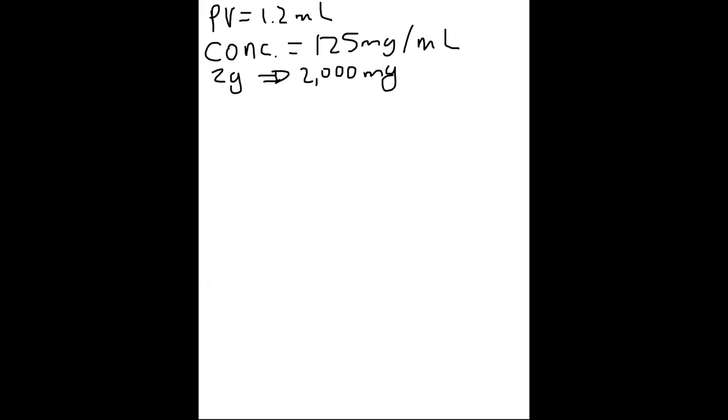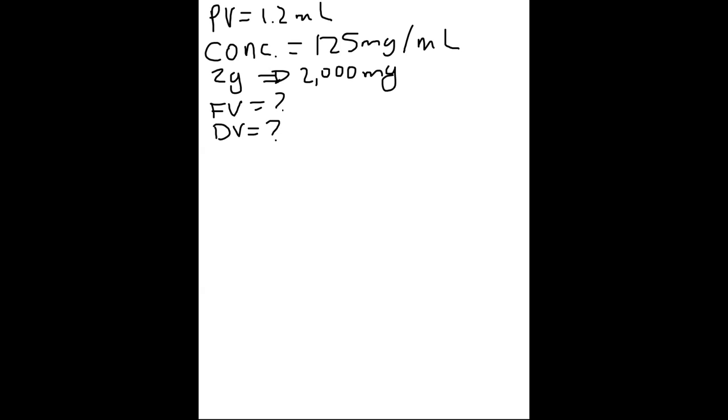Now in this problem, we have a concentration equal to 125 milligrams per ml. We still have the 2 grams, which we know are 2,000 milligrams from the math that we did in our previous problem. And we need to find out the final volume and the diluent volume.